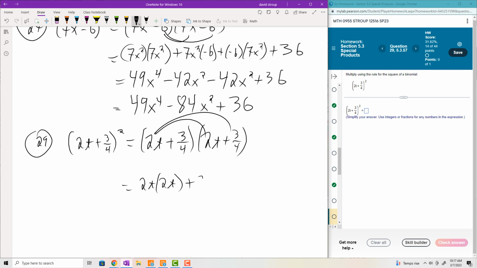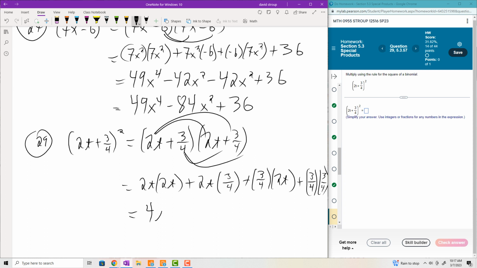Outer plus 2t times 3/4. Inner, 3/4 times 2t. Last plus 3/4 times 3/4. Okay, 2t times 2t is 4t squared. 2t times 3/4, well, 2 is the same as 2 over 1.